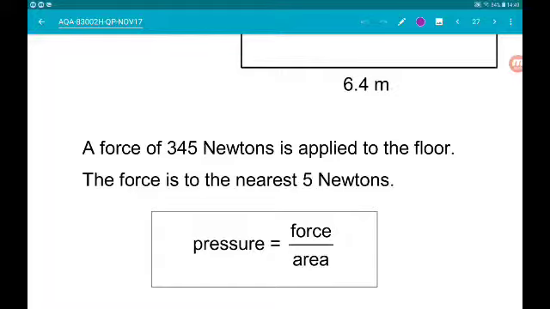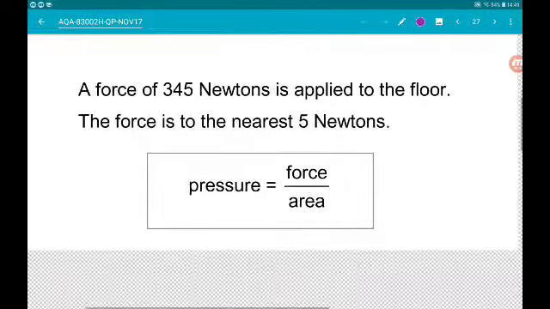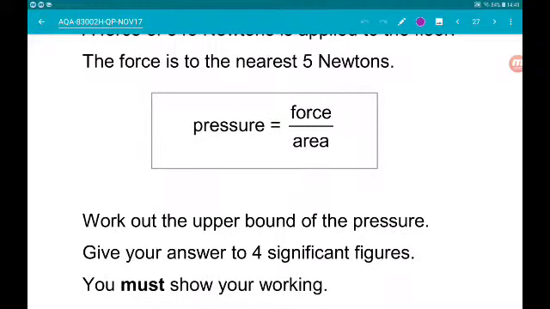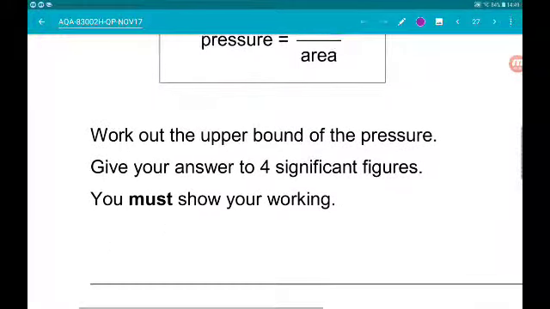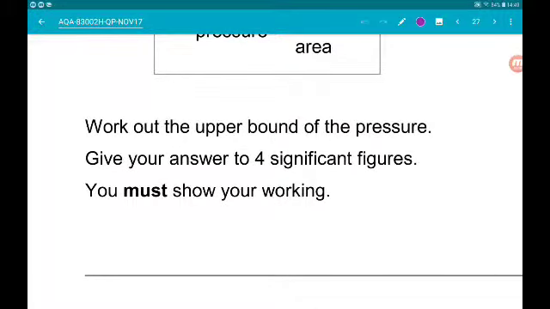The force is to the nearest 5 newtons. We're told that pressure is force divided by area. We want to work out the upper bound of the pressure, giving our answer to 4 sig figs, and we must show our working.